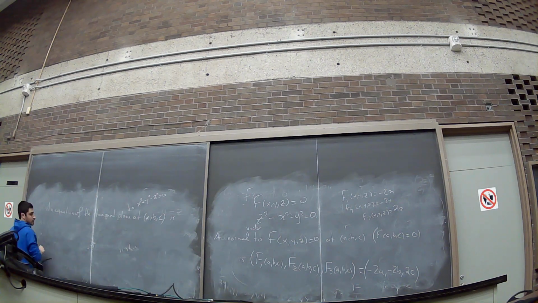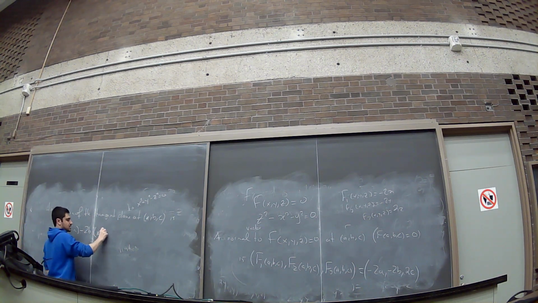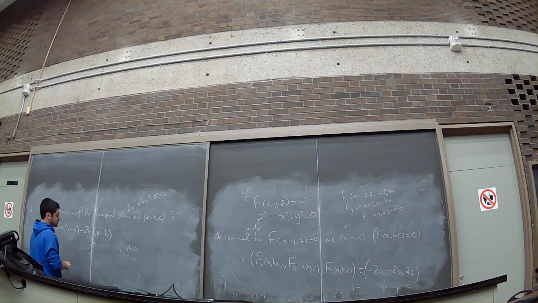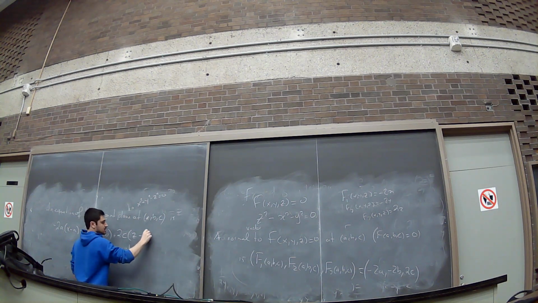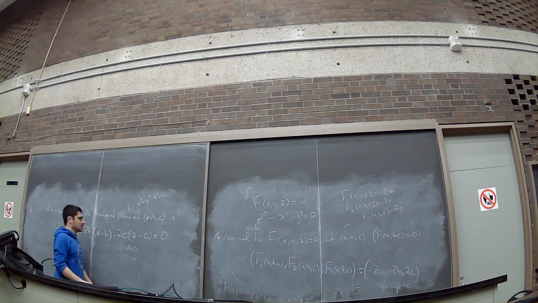It's minus 2a times (x minus a), minus 2b times (y minus b), plus 2c times (z minus c). Okay? Now, do you want to simplify it first? You don't have to, but let's try to simplify it.